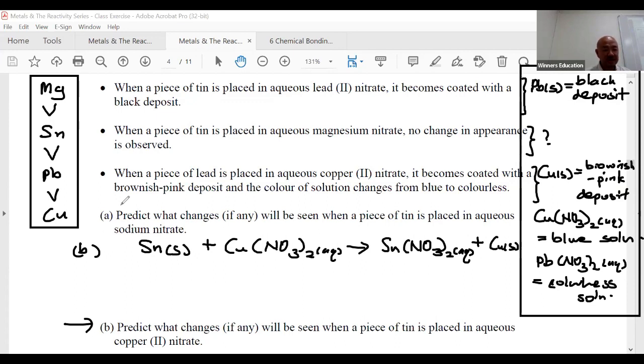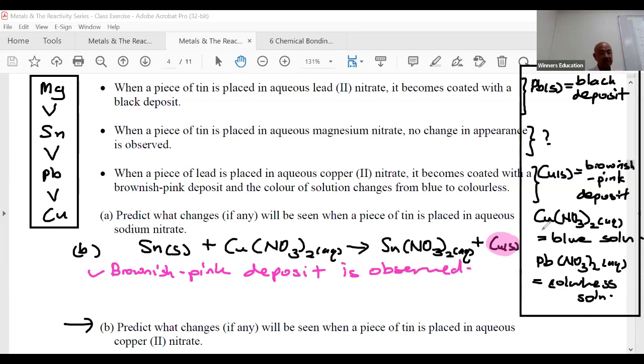Number 1, you will see a very good copper, which we know, the solid is a brownish pink deposit. Yes, brownish pink deposit is observed. That is a solid that came out, right?